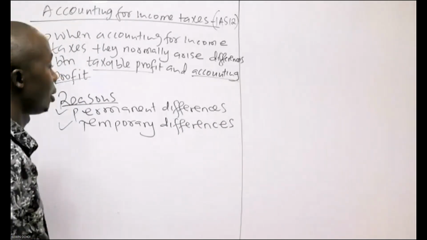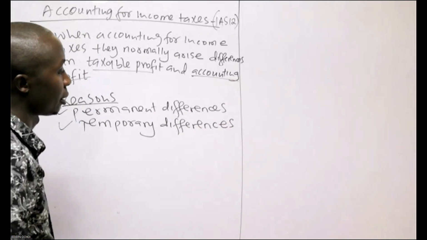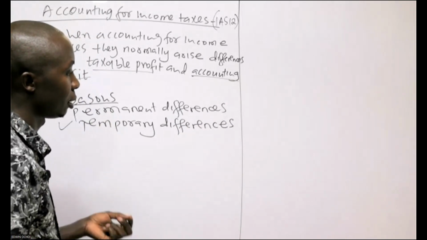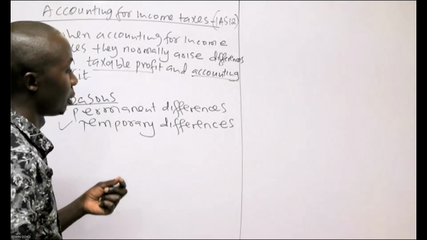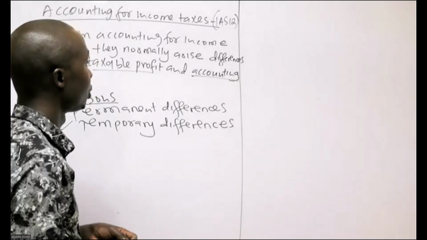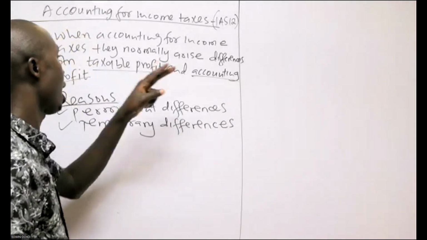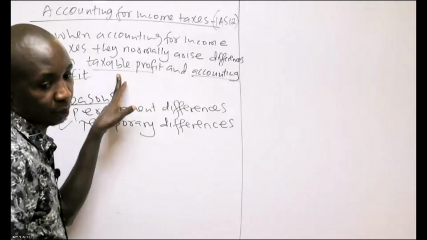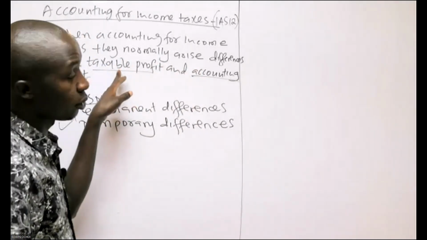When I talk about permanent differences, you would find that an item has been considered in one profit computation, but ignored in the other. You will find that an item has been considered in accounting profit computation and ignored for tax purposes. Which items am I talking about?